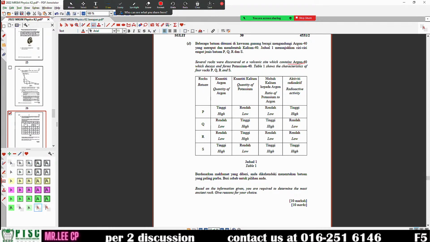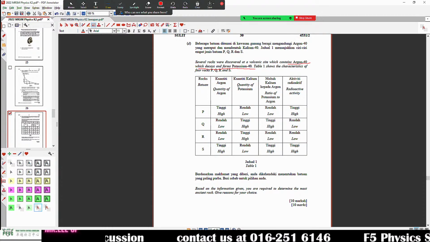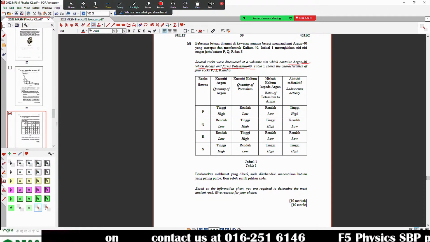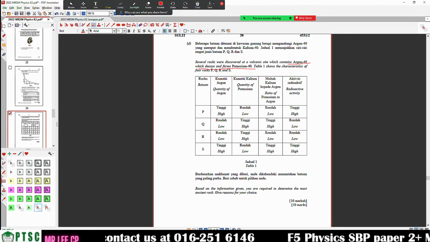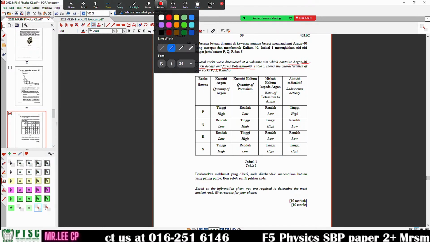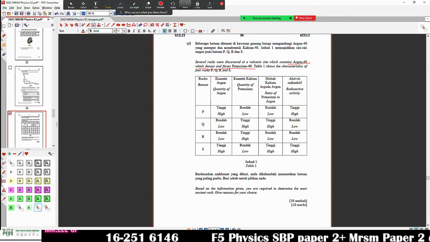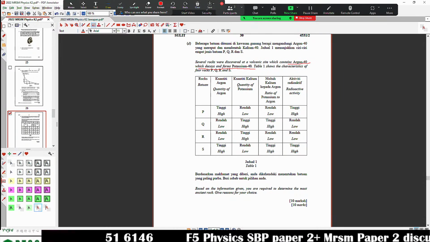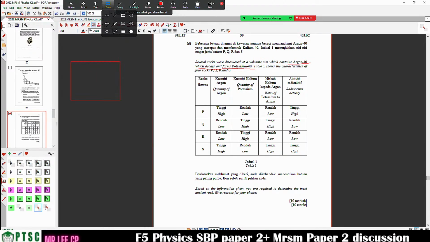At first you are going to contain argon-40, and you will decay, you will form potassium. The more the potassium, the longer the time it is. Let's say I am going to draw it. This is original.